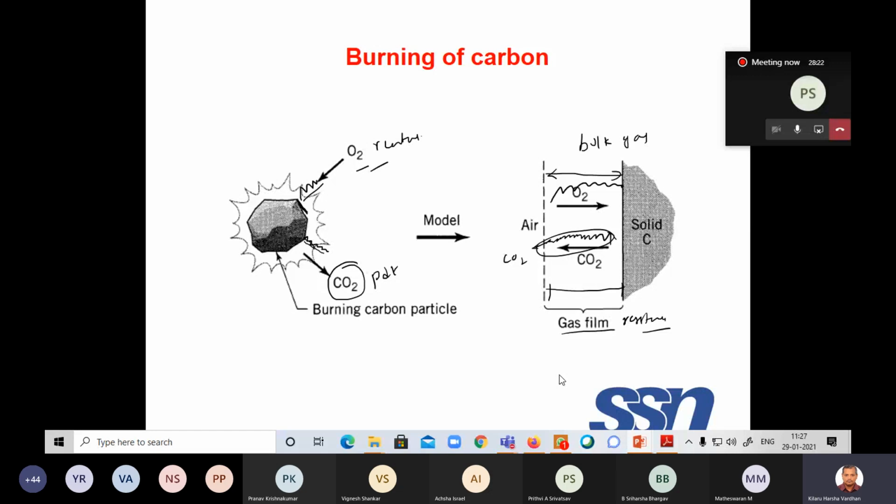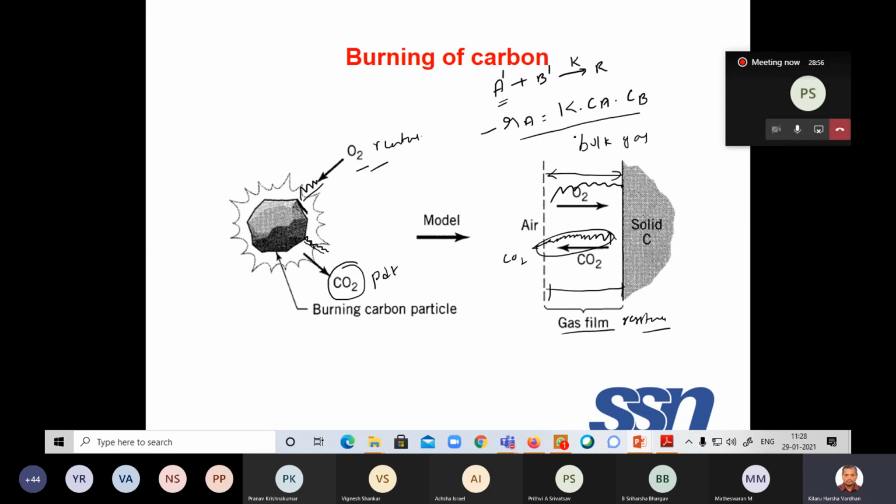There will be 3 steps now, so you cannot write your rate as if it is first order with respect to this particular thing. Generally you write A plus B gives some product R. With respect to A, minus rA is equal to k into CA into CB, because if this is first order and this is first order, you write your rate as minus rA is k CA CB, correct?